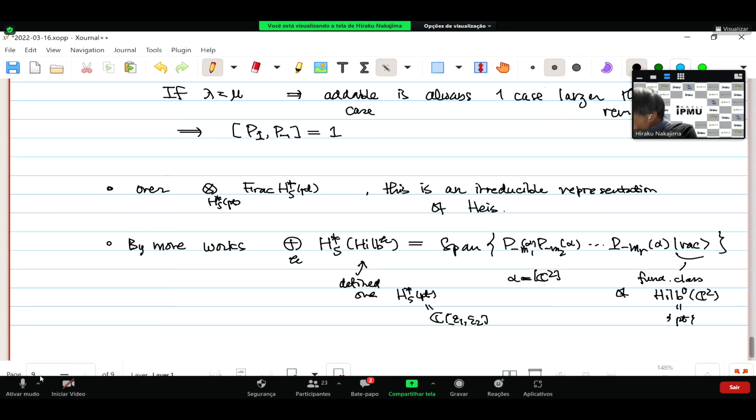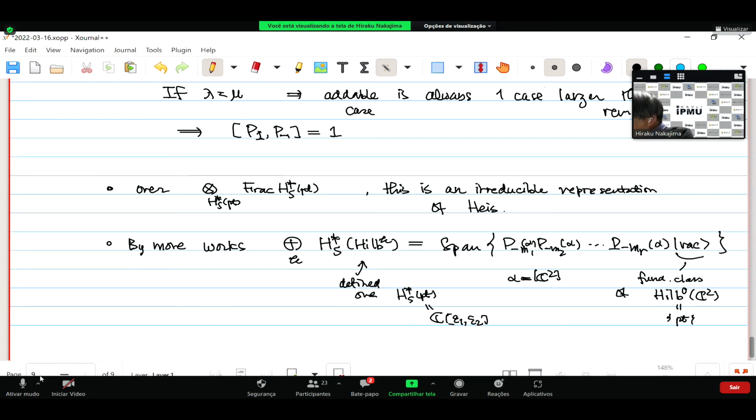This kind of integral structure is important when you consider this identified with the space of symmetric polynomials, and you can regard epsilon 1 and epsilon 2 as variable parameters for this symmetric polynomial.